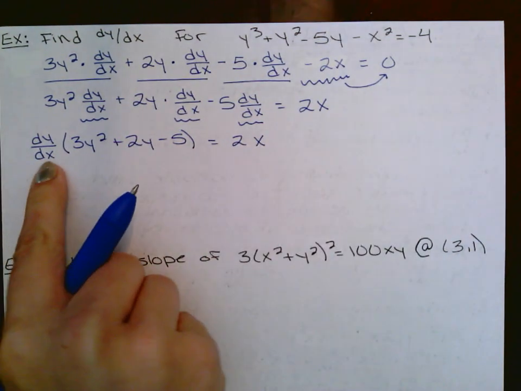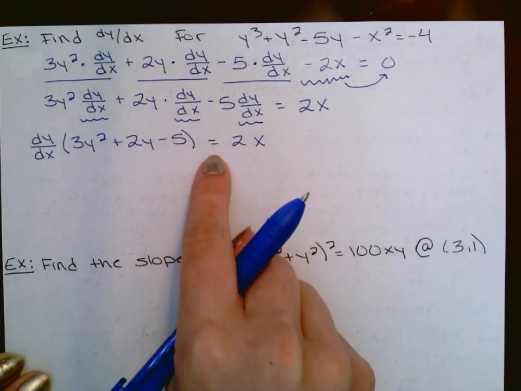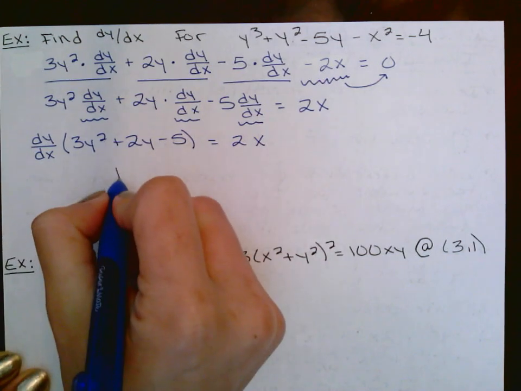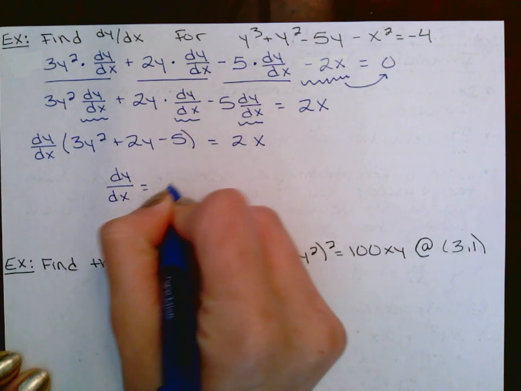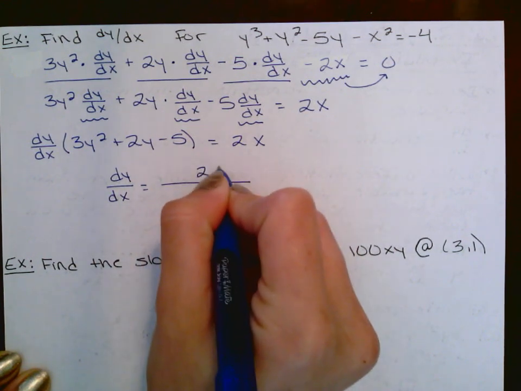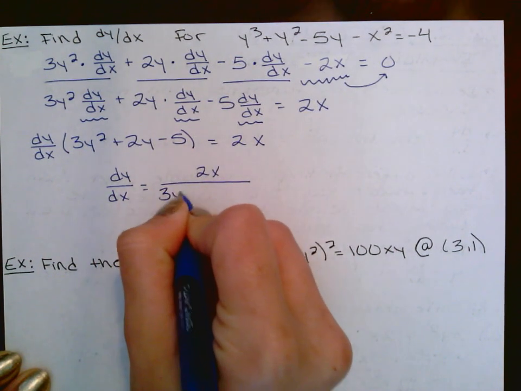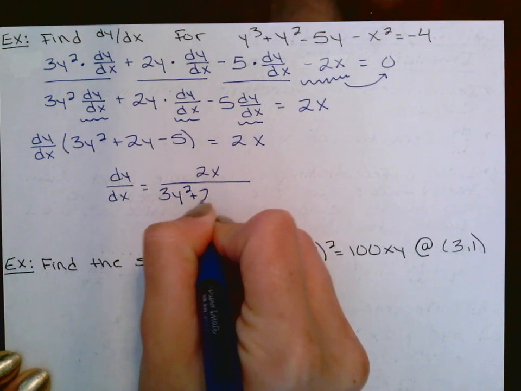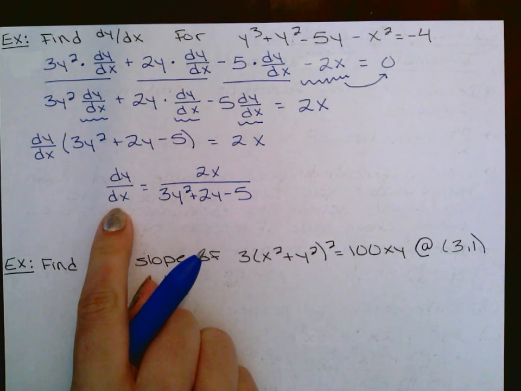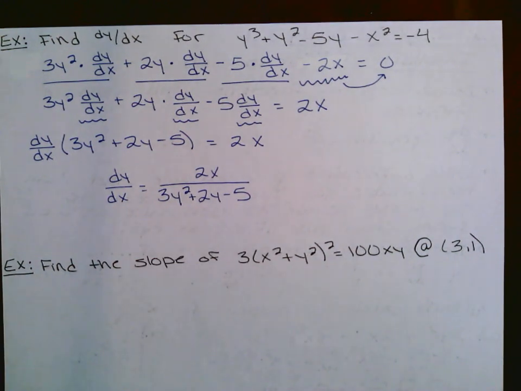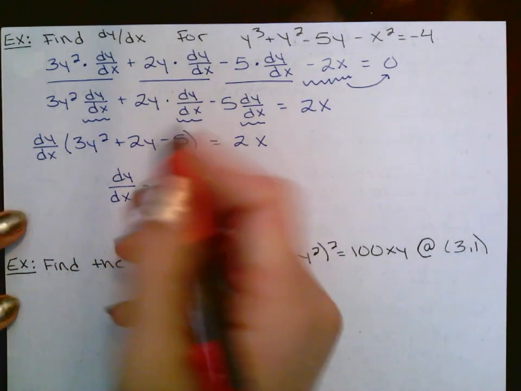And now lastly, I just want to get this by itself, so I'm going to divide all of this over. So I can say dy dx equals 2x over 3y squared plus 2y minus 5. And the moment that I have dy dx by itself, you are done. This question is finished. Okay?